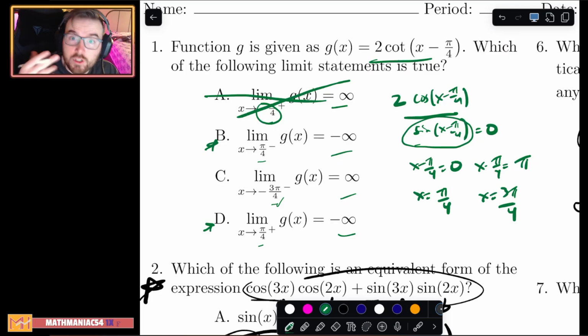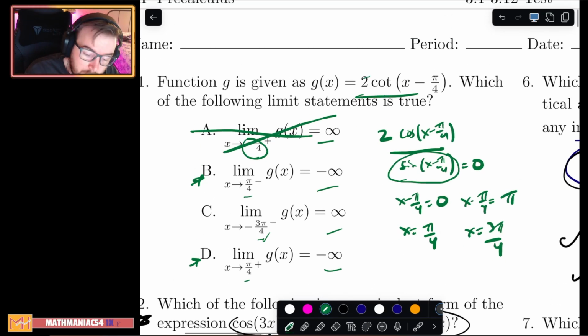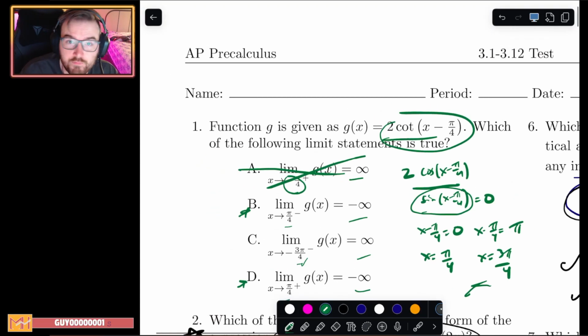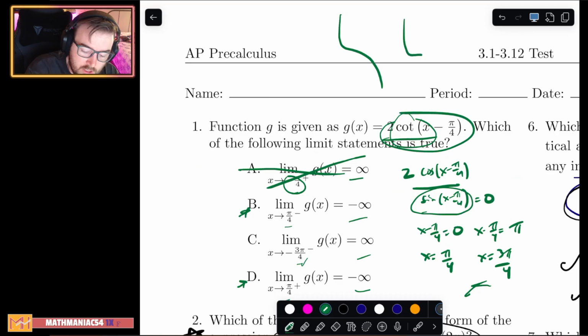Now, if you have the basic graph of cotangent in your head, this question actually speeds up. Cotangent is a decreasing function like this, unless it were to get reflected with a -2 out in front. But it's not. It didn't get reflected. So it looks like this.